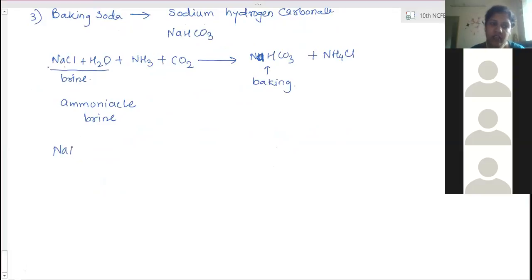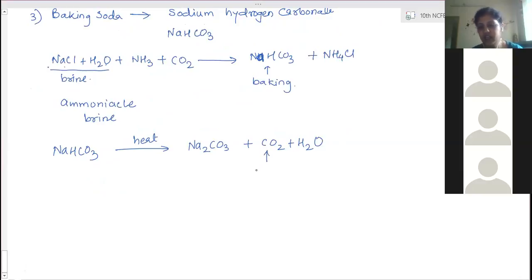When NaHCO3 is heated strongly, it will decompose to form Na2CO3 plus CO2 plus H2O. This carbon dioxide accumulates in the batter, creates air holes, which helps in formation of spongy texture.